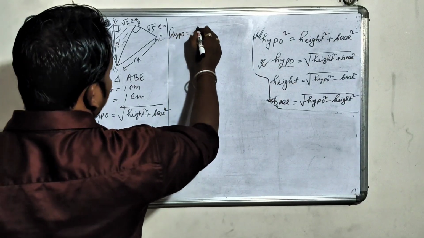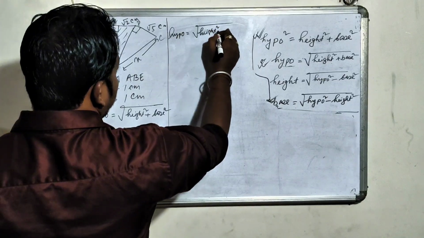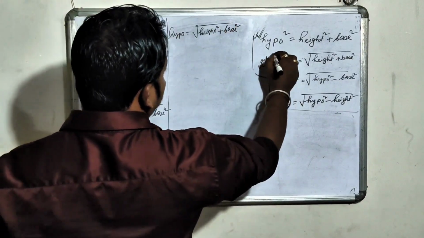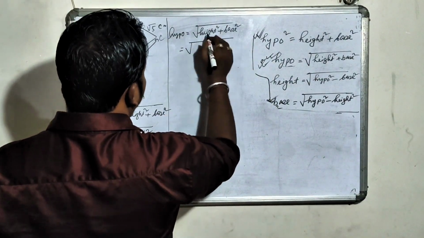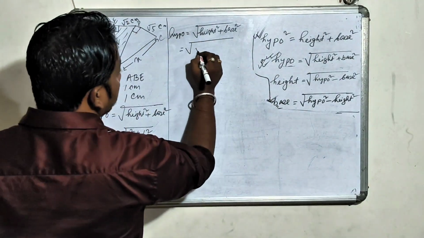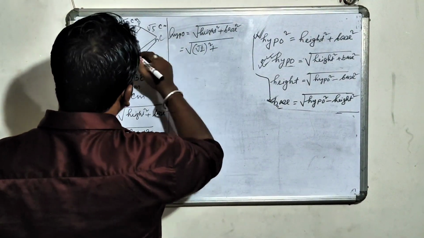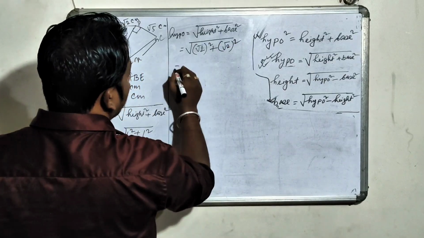Hypo equals to root over of height square plus base square, this law. Here height means root 2 square plus base again root 2 square.